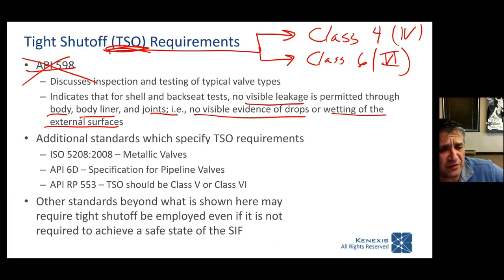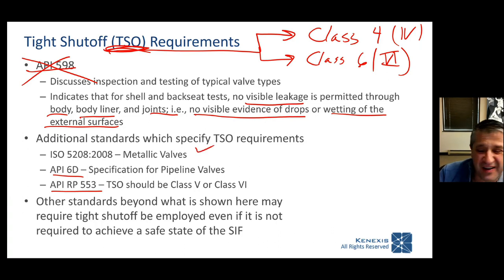Where else? We've got ISO 5208, API 6D, and RP 553. 5208 just talks about valve design, if you will. 6D gives specifications for pipeline valves.